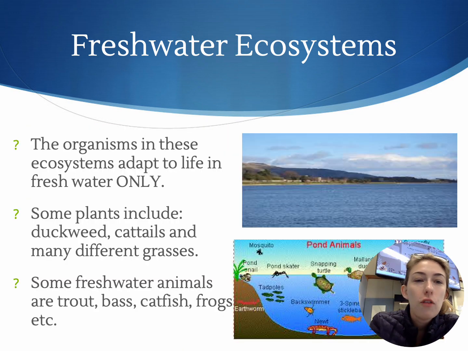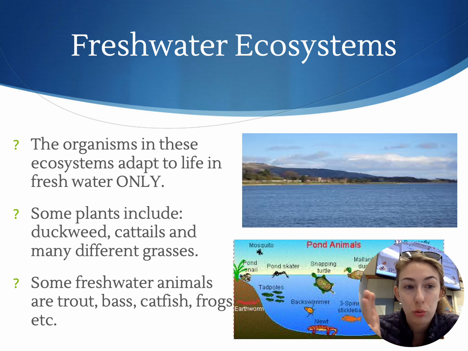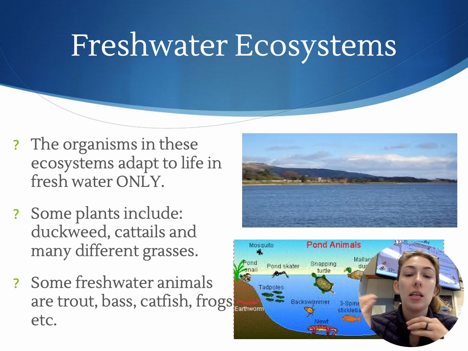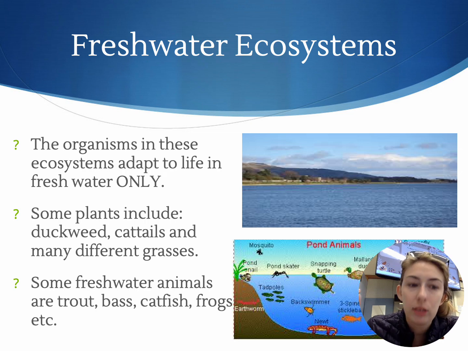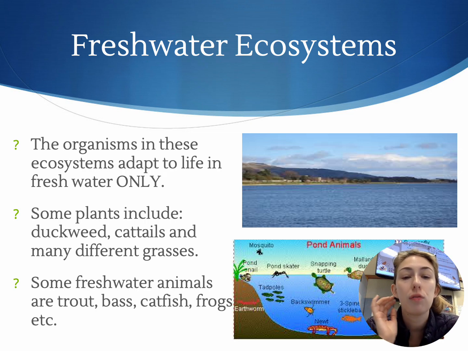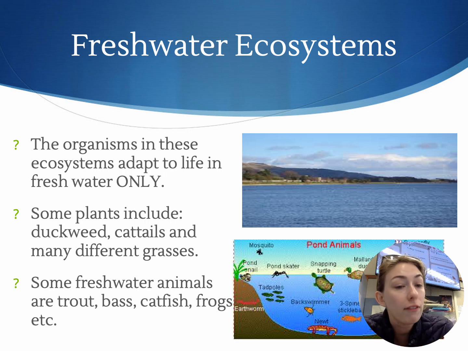All right, so for our freshwater ecosystems, organisms in these ecosystems only adapt to this fresh water. Some of the plants include things like duckweed, cattails, a lot of different types of grasses. You've got lots of different types of fish, right? You've got trout, bass, catfish, frogs, lots of different types of species, turtles, crawfish.